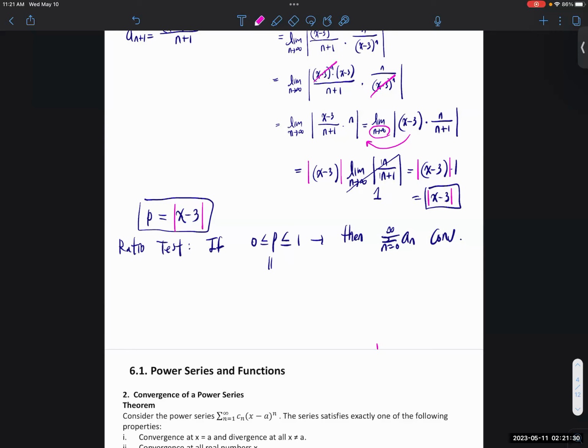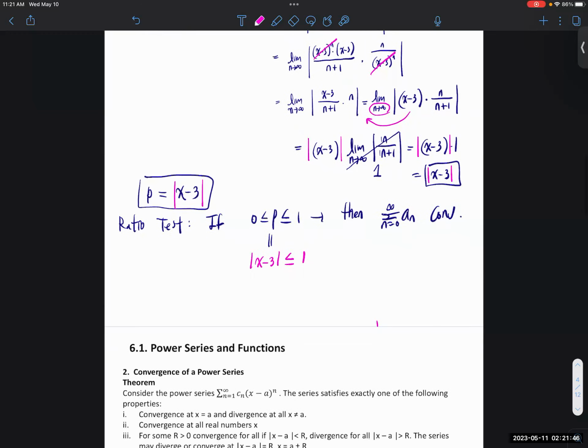So what I'm saying is we found out P is the absolute value of x minus 3, and we know that P is between 0 and 1. So we're going to work on that. That means the absolute value of x minus 3 is less than 1, because we don't need to consider 0, since this is positive.